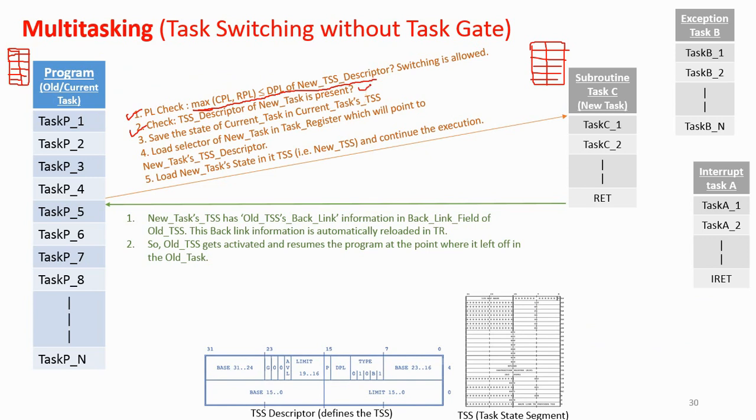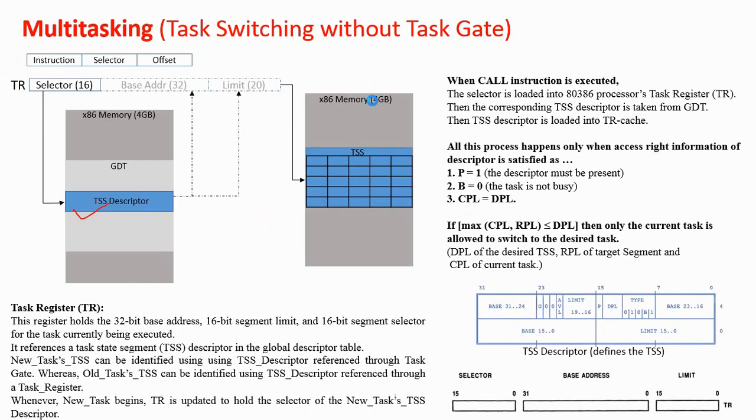If it is present and the task is not busy, then the microprocessor saves the state of the current task in the current task TSS, because if the TSS descriptor for the new task is present and the task is not busy, it means that it has now located the TSS of the new task.